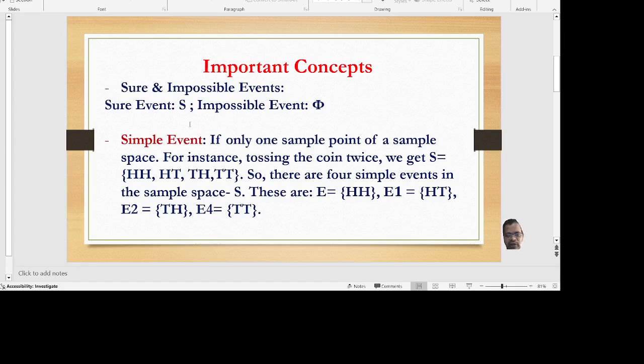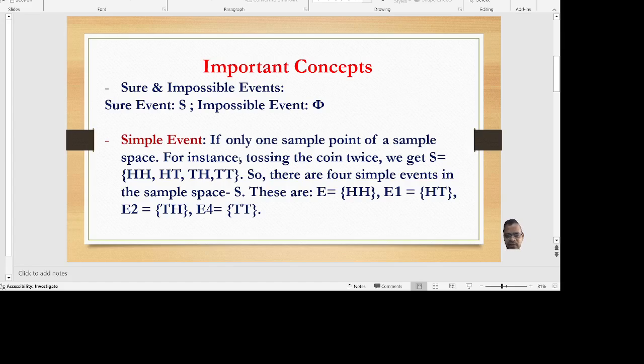After sure and impossible events, we have to understand what are simple events and what are compound events. A simple event is when only one sample point of a sample space happens. It may sound a little tricky, but we can understand it through an example.